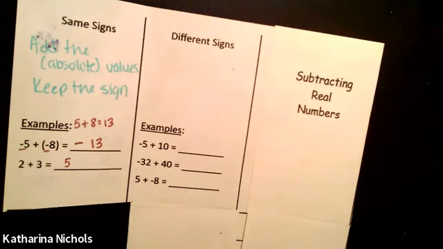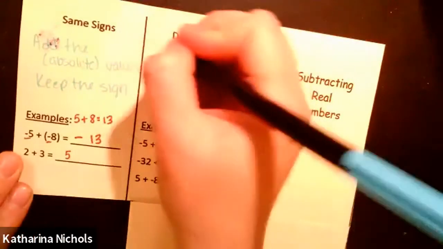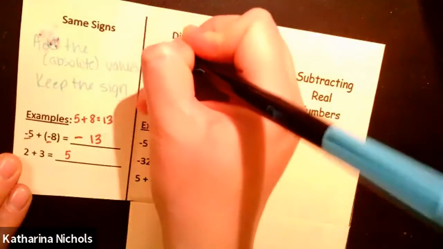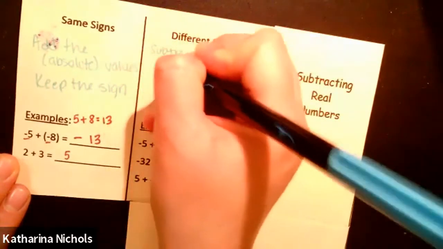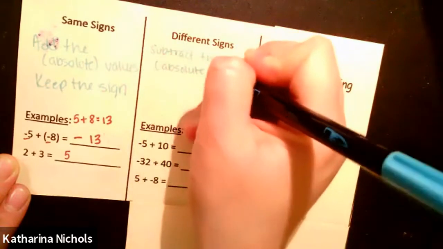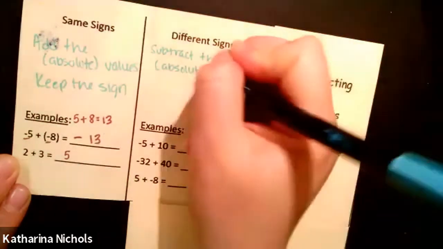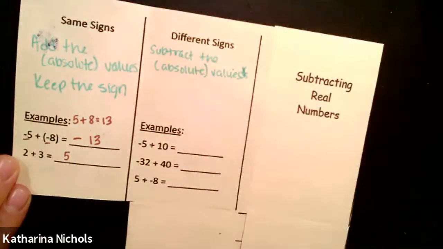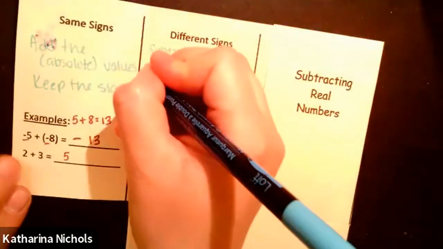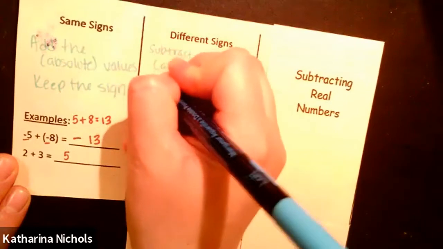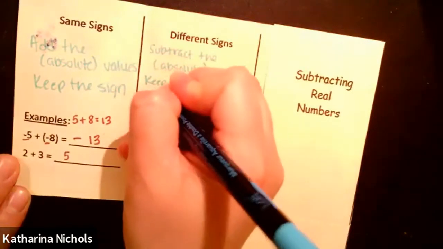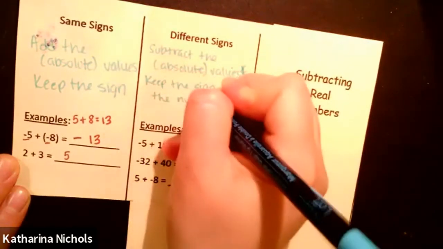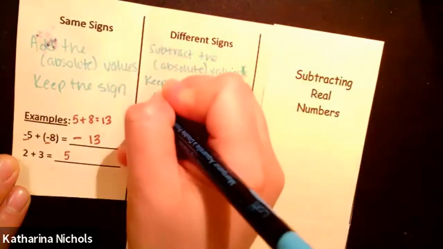All right. What if I have different signs? My shortcut for having different signs is to subtract the absolute values, and then keep the sign of the number with the larger absolute value.